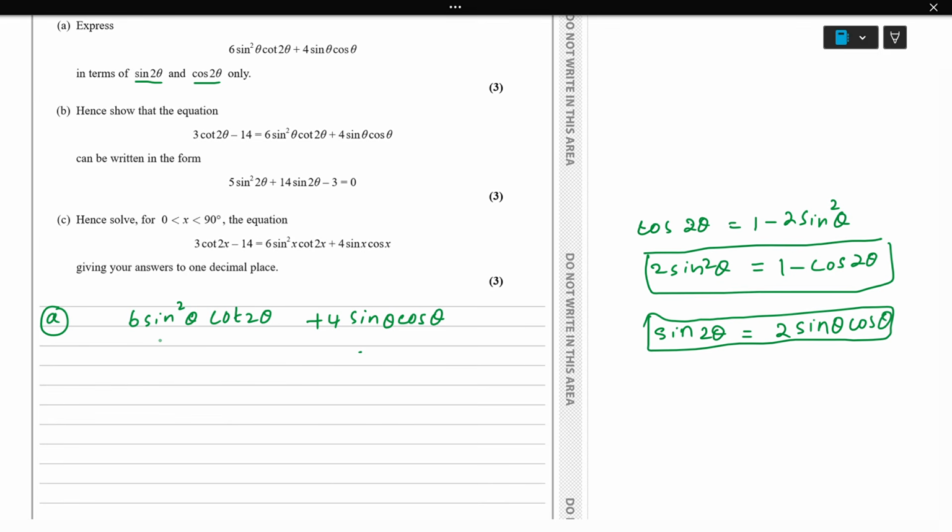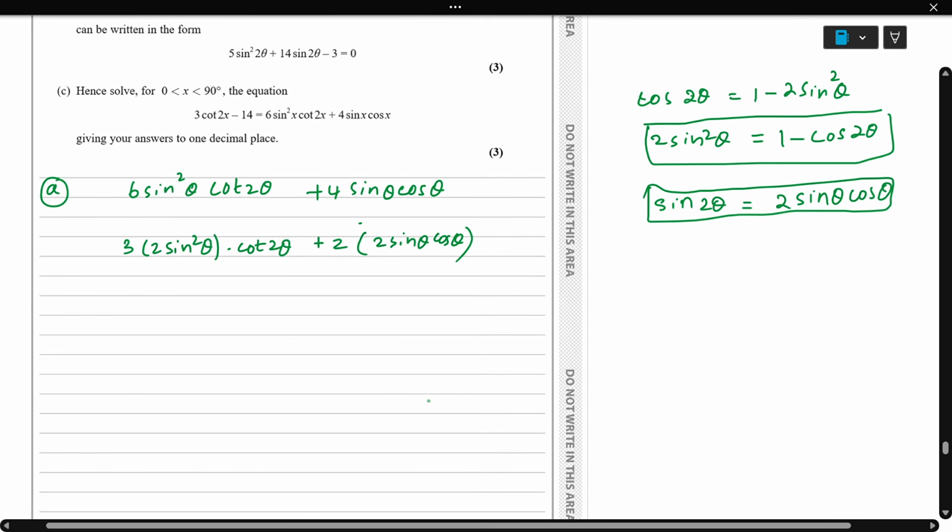Okay, so here the first, 6 sin square theta, I can write 3 into 2 sin square theta into the cot 2 theta, plus this 4, I'll write 2 into 2 sin theta cos theta. Now we have to substitute our result.